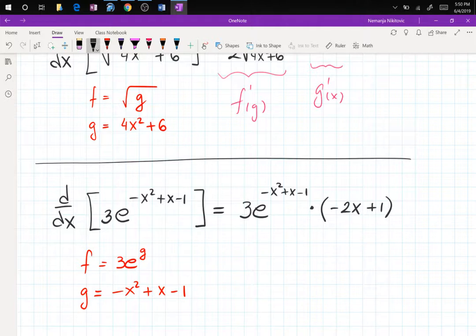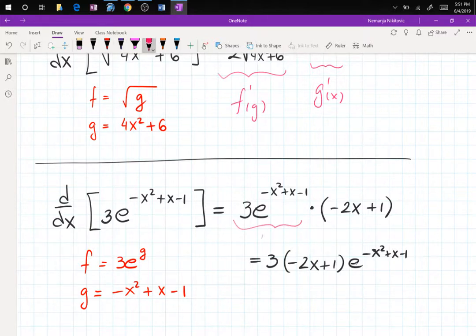Now you can make this nicer by writing it as 3. You can multiply 3 into this, or you can leave it factored. It doesn't matter. You can just make it nicer. So this is your f prime of g, and this is your g prime of x.